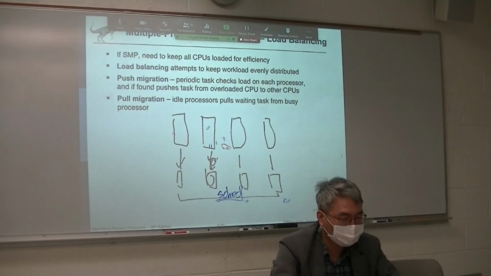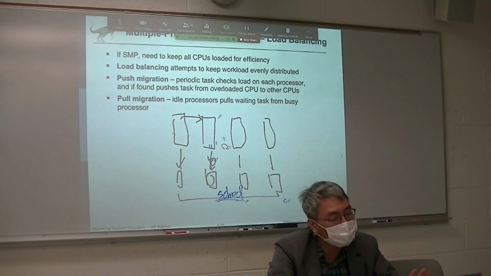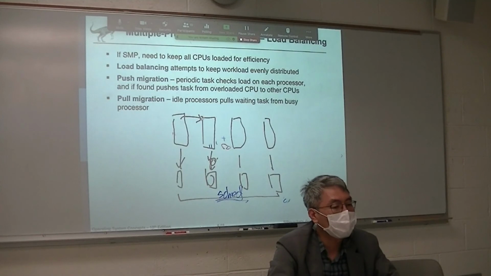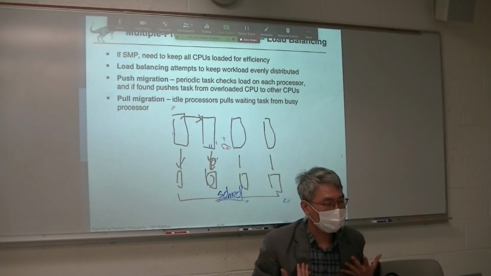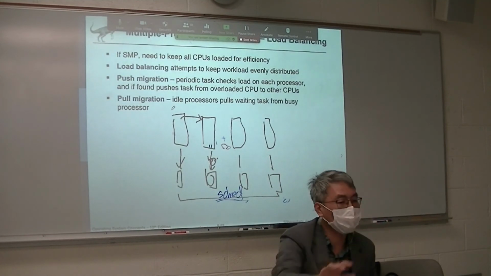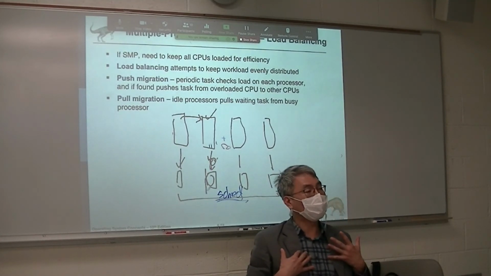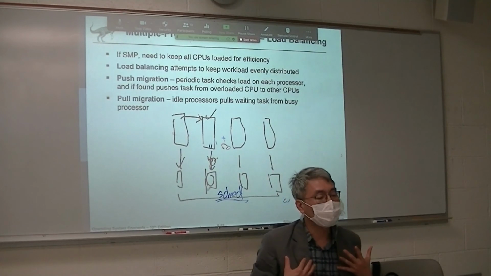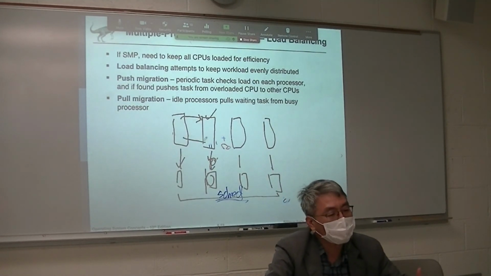So at that time, there are two types of migration. Migration means moving a process to another processor. Push migration: if I'm busy, I push a process out to another one. On the other hand, if I'm idle, I can pull a process from another processor.